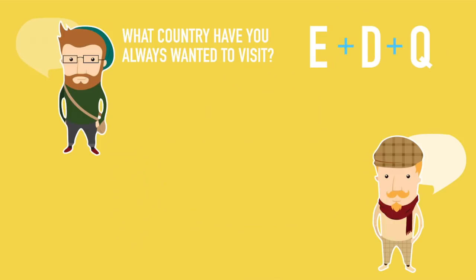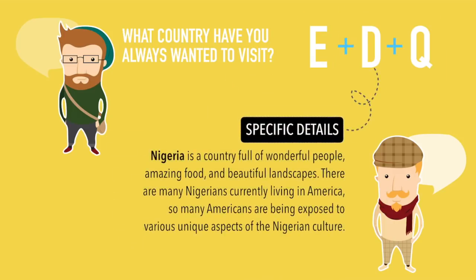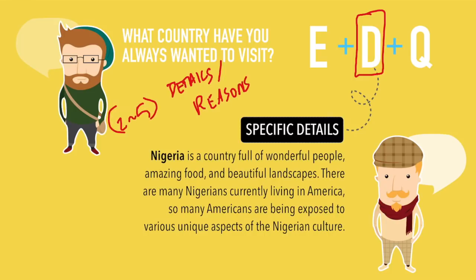Now, the next part is the D, okay? Remember, details or giving reasons, okay? Details or reasons. And once again, we want to give 2 to 5, all right? So here we go. Let's get started. We have Nigeria is a country full of wonderful people, amazing food, and beautiful landscapes.